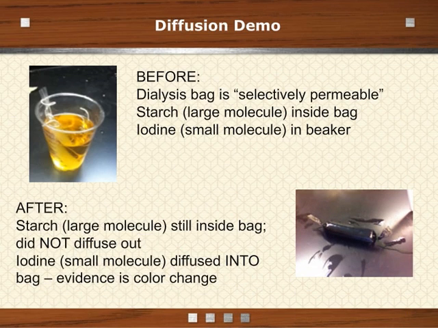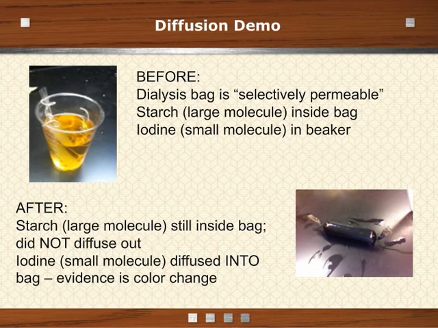Over time, if we allow this dialysis bag to sit in the iodine solution, the iodine molecules, because they are very small, passed through the dialysis membrane. They diffused into the bag. This is cell transport. This is transport, similar to what happens in a cell.